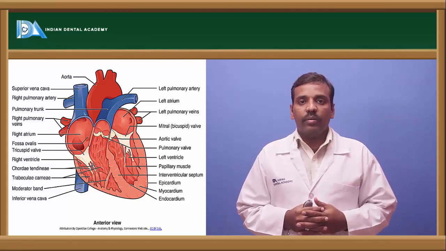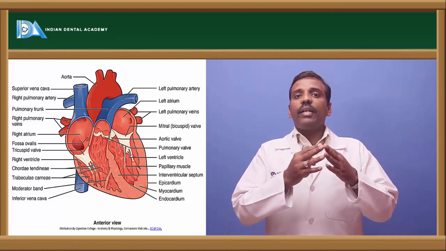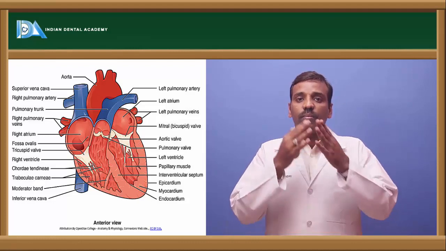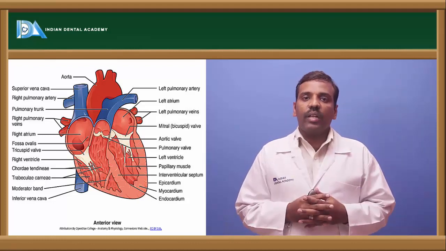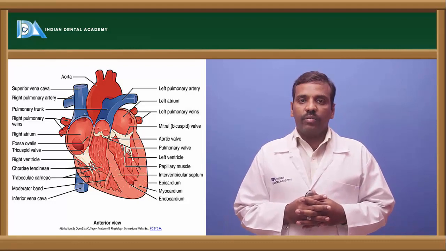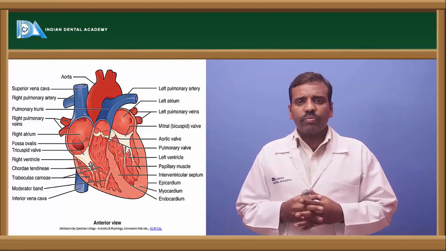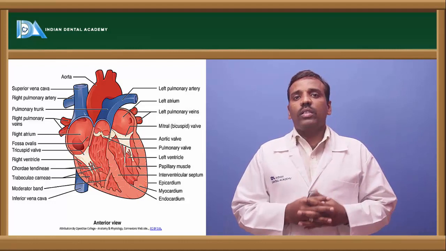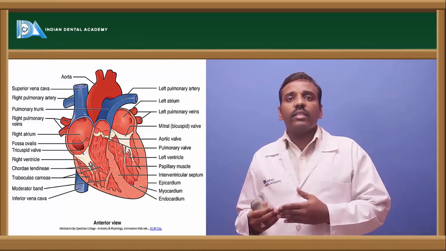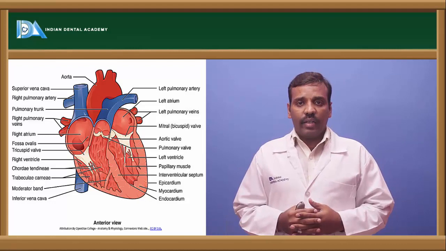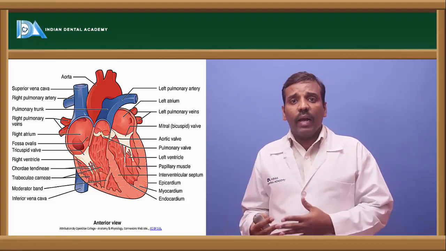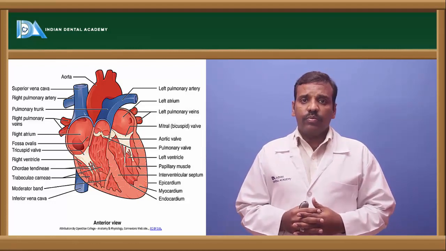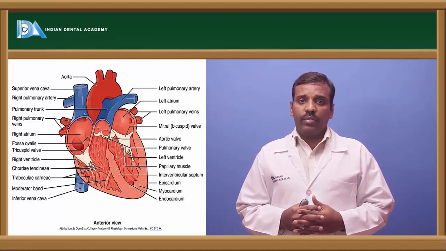The right atrium gets the blood from the superior vena cava and the inferior vena cava, and the blood comes into the right ventricle. The left atrium gets oxygenated blood from the lungs and sends it into the left ventricle. That blood is pumped to the different organs by the aorta, a major artery.